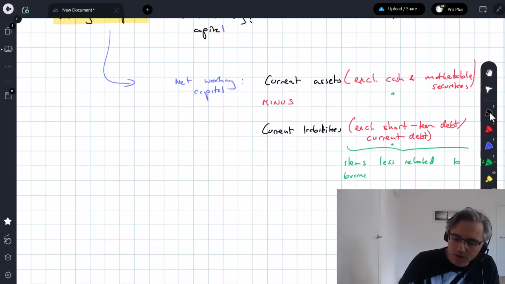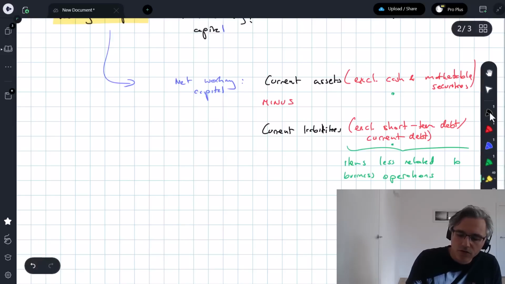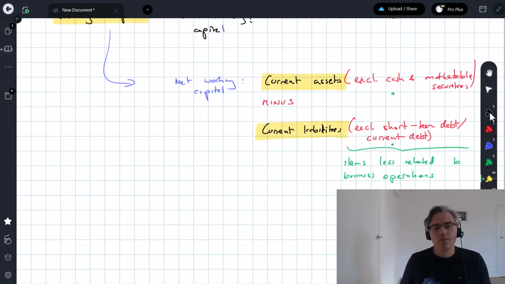Holding marketable securities or short-term debt is less to do with the cash conversion cycle. It's less directly related to it. So we just want to focus on those assets and those liabilities which truly relate to how the company performs its operations, how efficiently it does so.